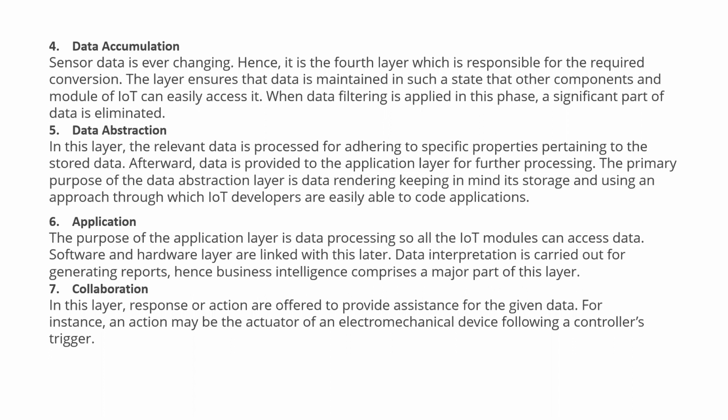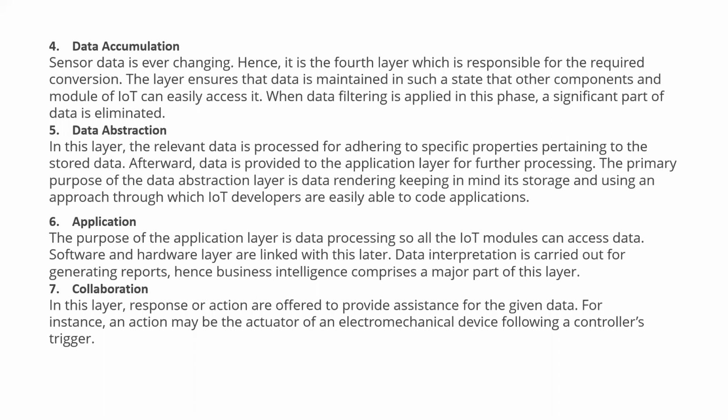And in the application layer, the interpretation of that particular data is carried out, and after interpreting the meaning of that data, certain reports are generated. These reports, for example, are given to the collaboration layer.